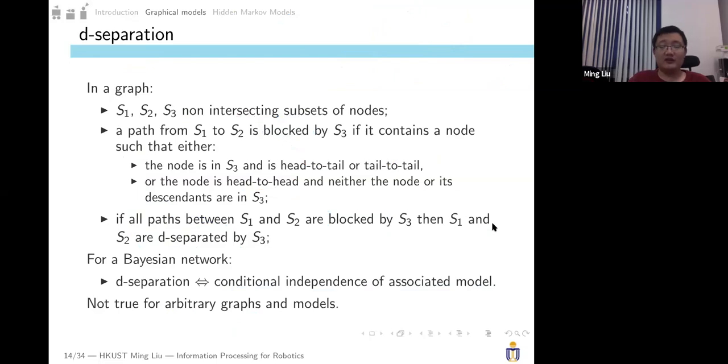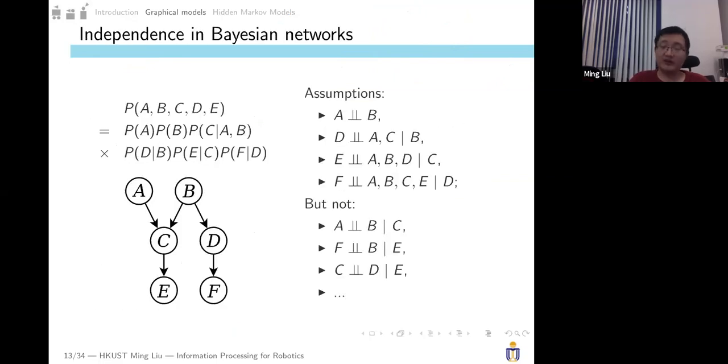we can quickly check whether the previous assumptions or conclusions are correct or not. Like along the path ACE, there's a tail at these locations. C is a head-to-tail node along the path ACE.